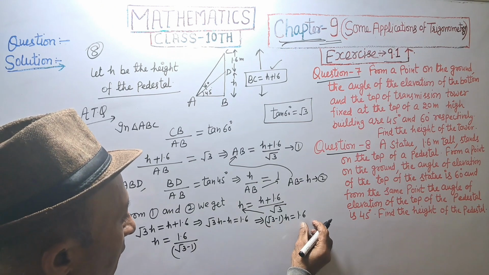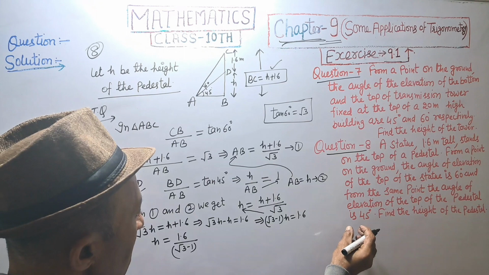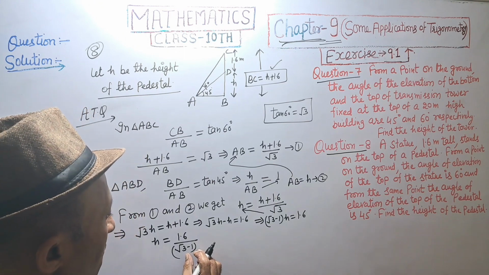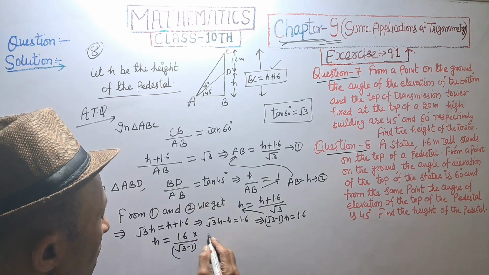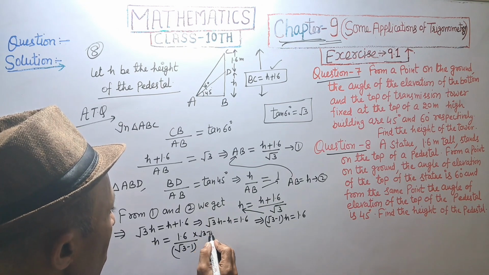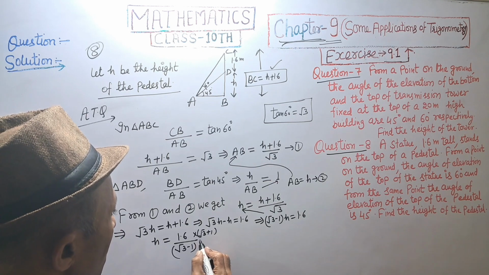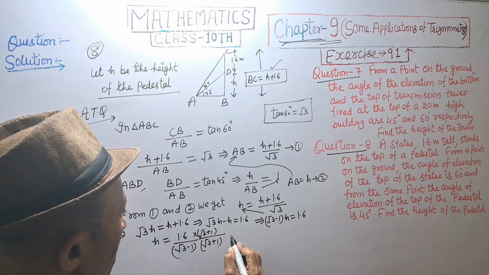We are dividing on the right side, and rationalizing both numerator and denominator with root 3 plus 1, the opposite sign of the denominator, that is root 3 plus 1.